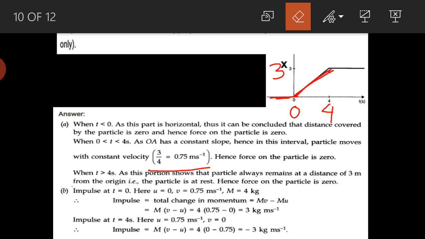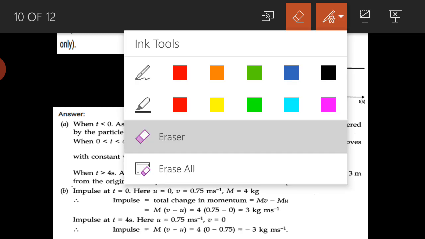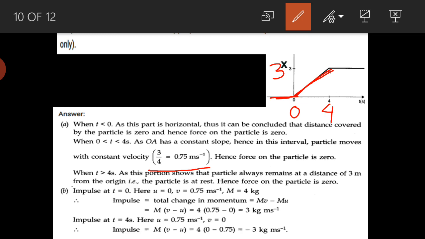So using the impulse momentum theorem, impulse is equal to the total change in momentum of the body. So we get I equal to mv minus mu. What is v here? It is 0.75 and u equals 0. So 0.75 minus 0 gives 0.75. When multiplied by 4, this gives you 3 kilogram meter per second, or simply Newton second.